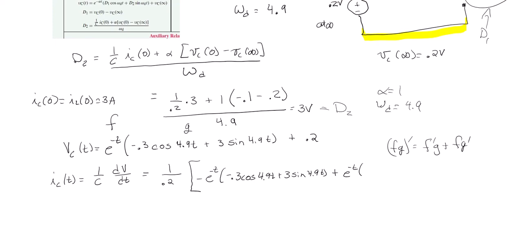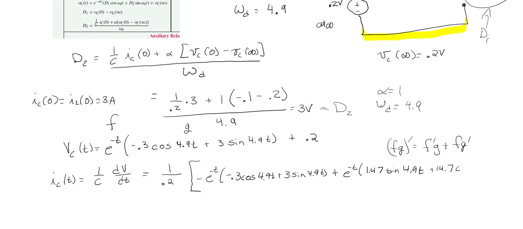So it's going to be, first of all, the minus will multiply times this minus and make it a plus. And then with the chain rule, I would have 4.9 times 0.3, 1.47, sine 4.9t. The derivative of sine is cosine, and I have to remember the chain rule there as well. So it would be 3 times 4.9, which is 14.7.